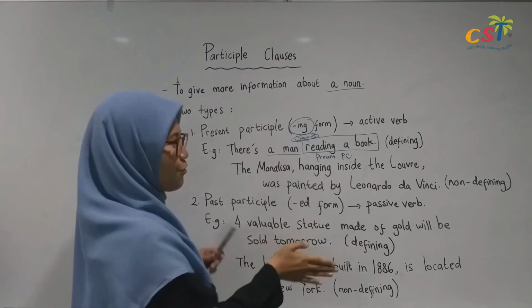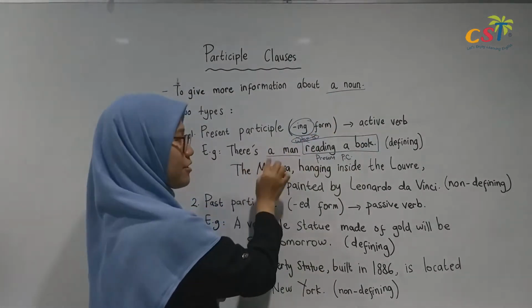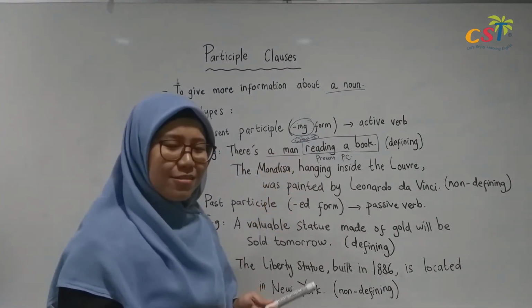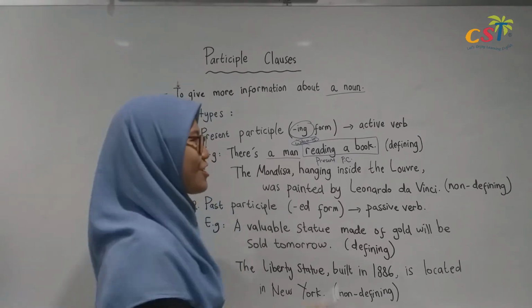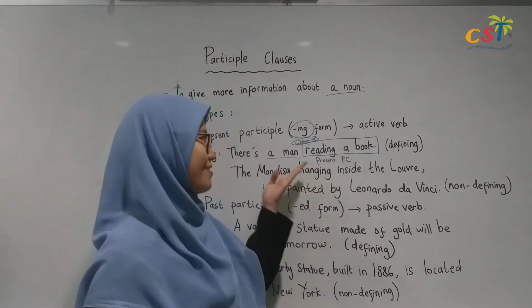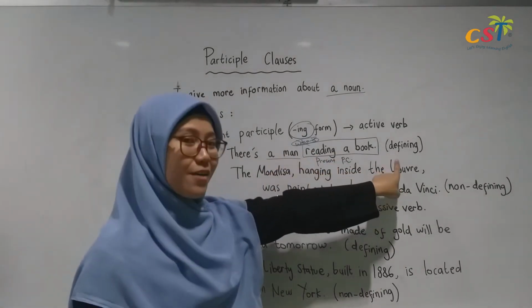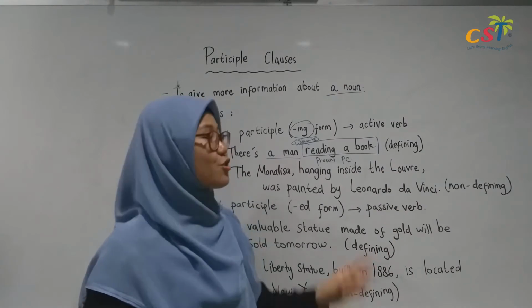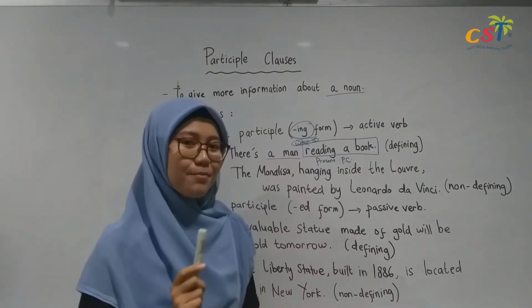Imagine if you delete this, the sentence will be only "there is a man." What does it mean? Which man do you mean? That's why you need this information: it's a man reading a book. That's why in a defining participle clause, you cannot erase or delete the participle clause.